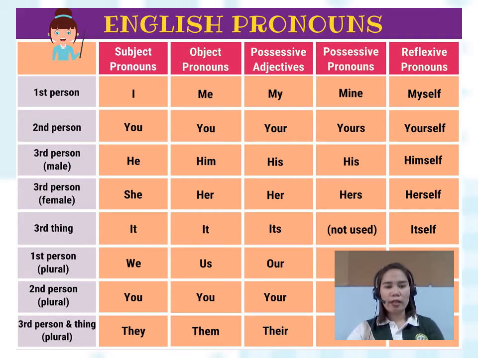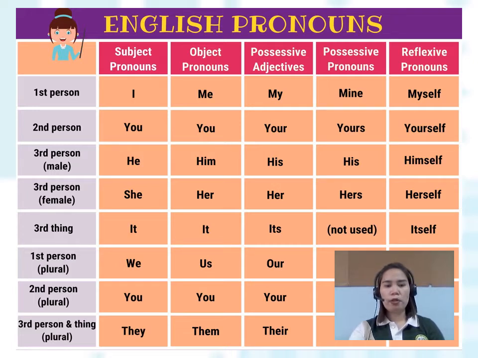All right, so next we have the third thing. If it is a thing, we have to use it. For subject and object pronoun it, for possessive adjective is its. There is no possessive pronoun, and for reflexive we are using itself. Next, we have the first person plural. So we have we, us, our, ours, and ourselves.